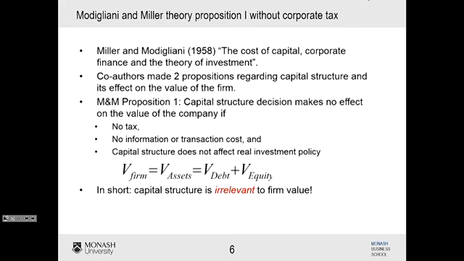The two co-authors made two propositions regarding the capital structure and its effect on the value of the firm. So the question is very narrow and basic: whether the capital structure is irrelevant, or in other words, could be helpful to change the firm value.